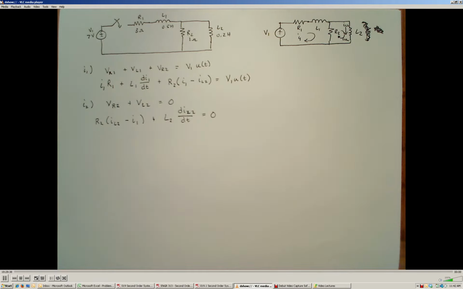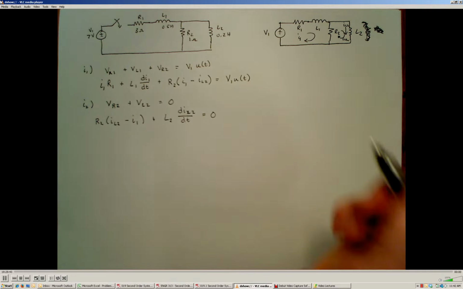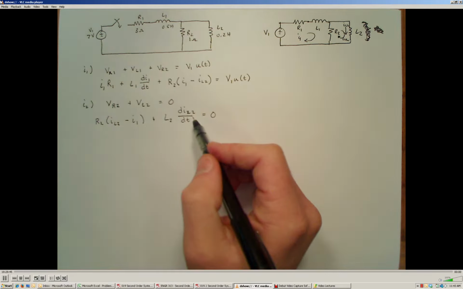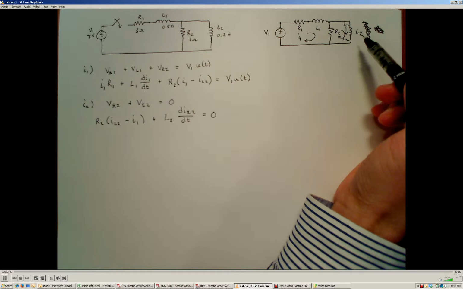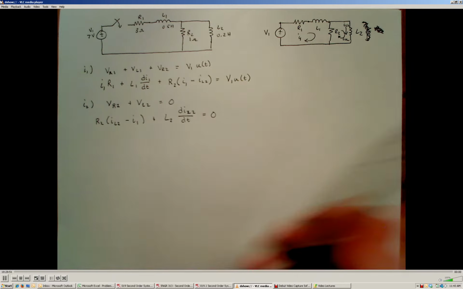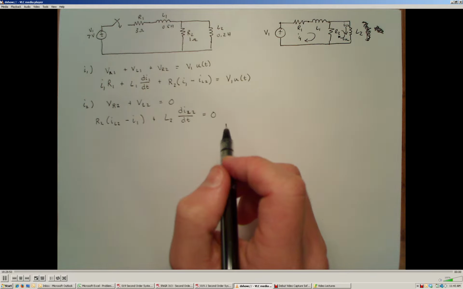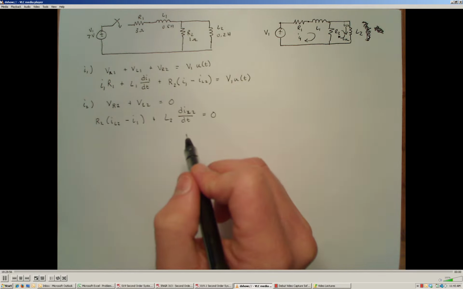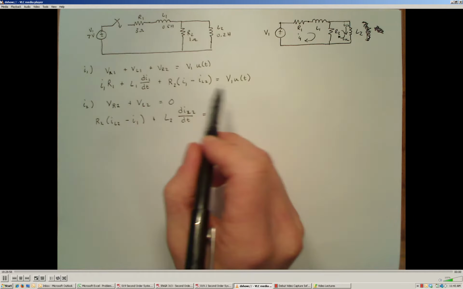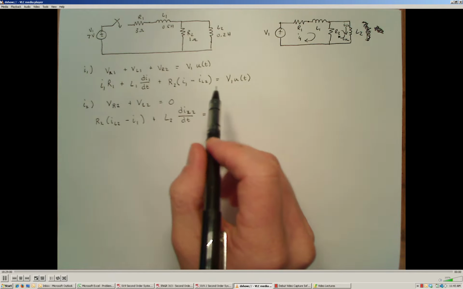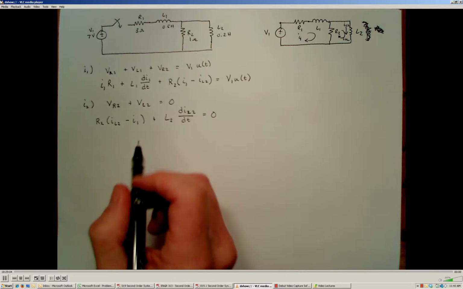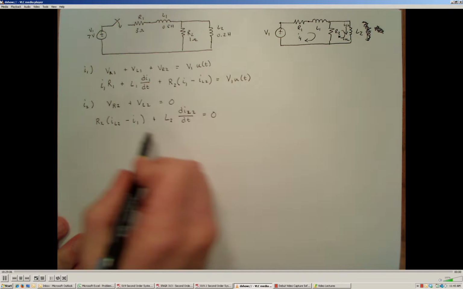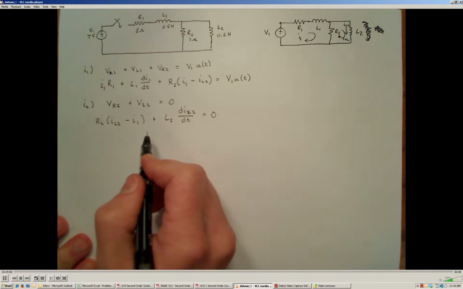Okay, so now I want a second order differential equation that is all in terms of IL2 so that I can solve for the relationship for the current through inductor 2. So to do that, I want to solve one of these equations so that I can substitute it in and get the second order differential equation all in terms of the current through inductor L2. The easiest way I see to do that is to solve the second mesh equation for I1.